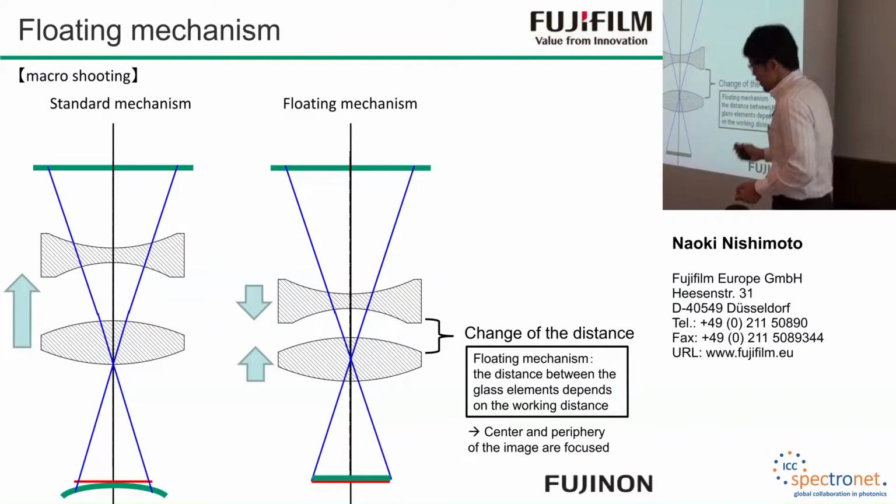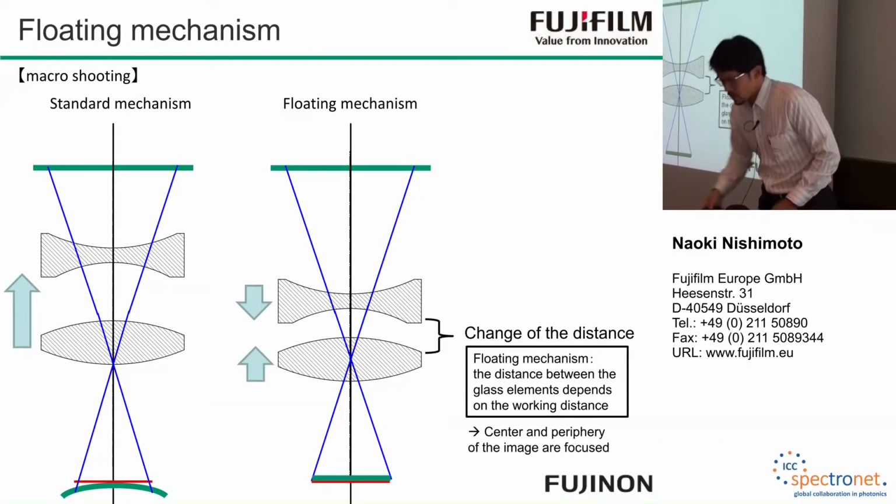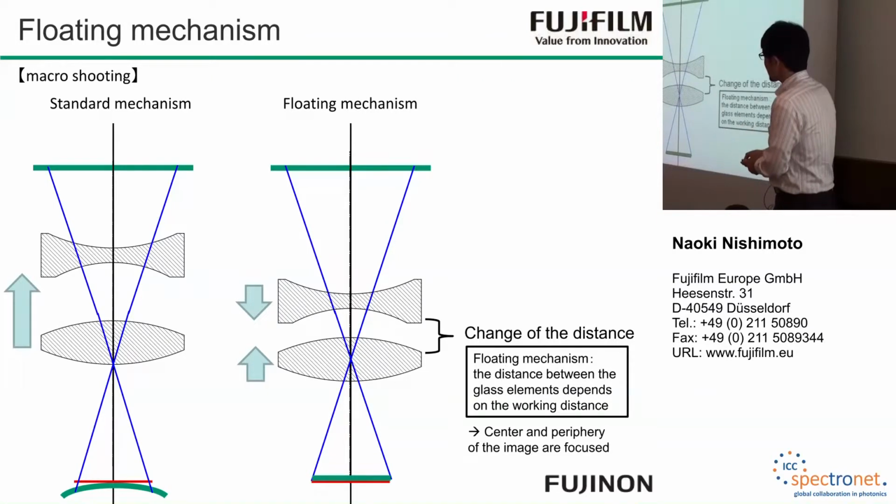So, for example, for one close object, with a standard lens, field curvature occurs because there is only one condition, and now it's different from the best position.